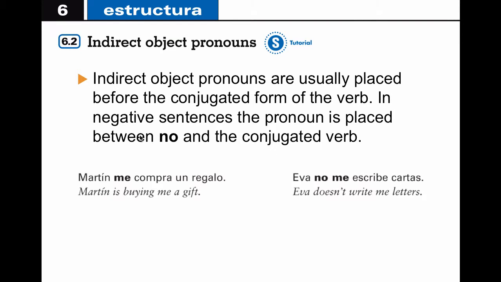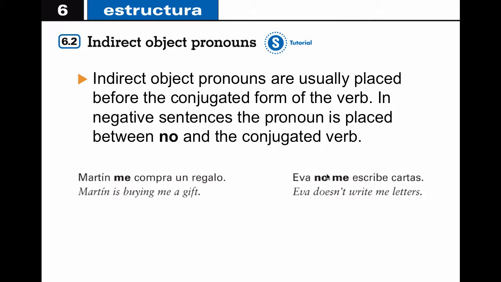Indirect object pronouns are usually placed before the conjugated form of the verb. In negative sentences, the pronoun is placed between no and the conjugated verb. So we have here the verb comprar. We have a conjugated verb of that, compra. Martín me compra un regalo.